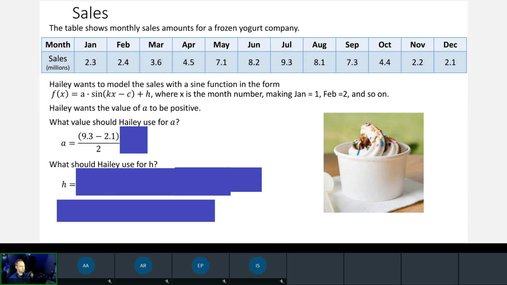And then divide by 2. Yep. So 9.3 minus 2.1 divide by 2. So remember, I gave 2 formulas for amplitude, I think. The one that works in this problem is max minus min divided by 2. So that's how we get 3.6.